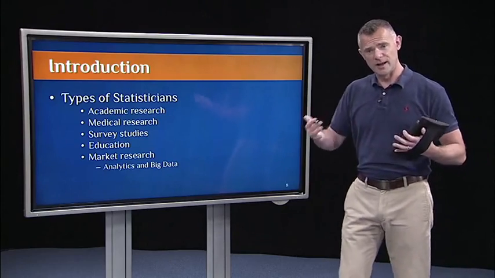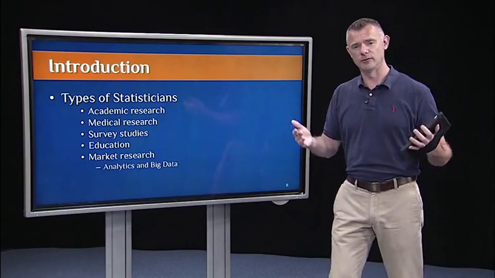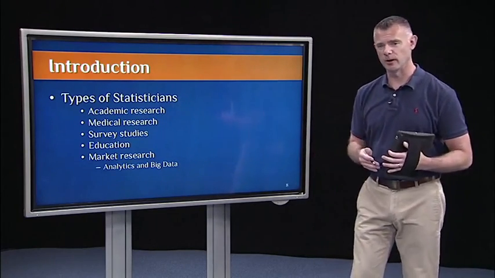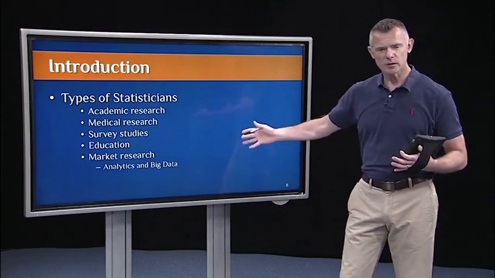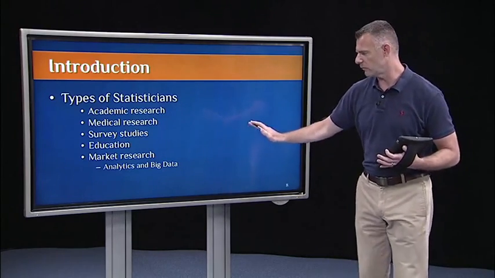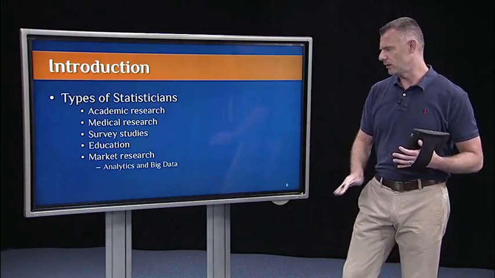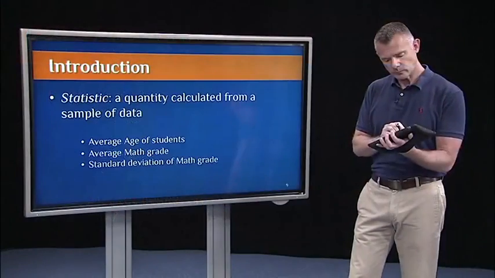There's lots of research in online education going on right now, trying to understand how online education is working. And then finally, there's a big sector that used to be called market research. Now I think it falls under the phrase analytics, and also under the phrase big data, a big area where statisticians are being hired right now.